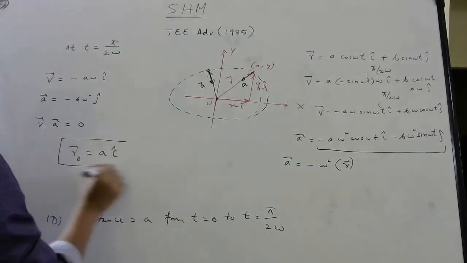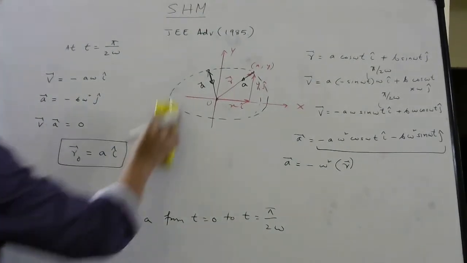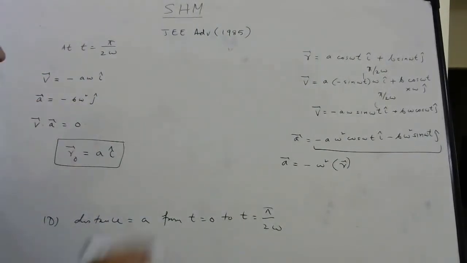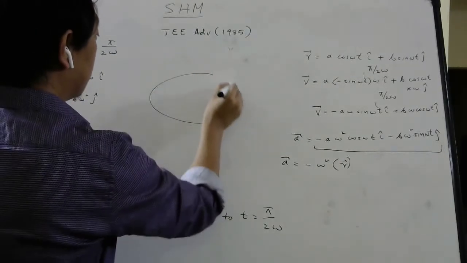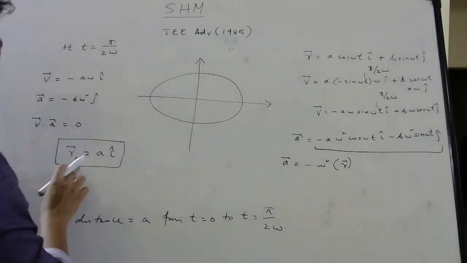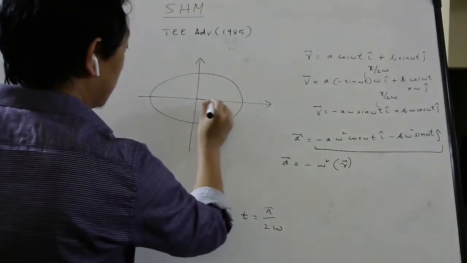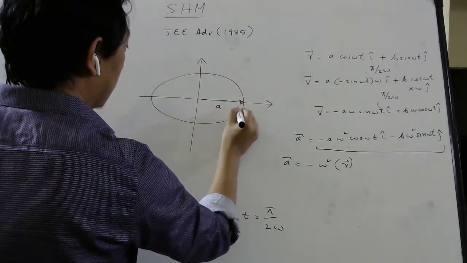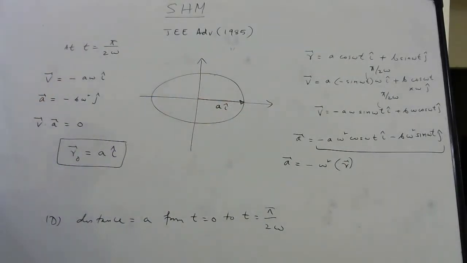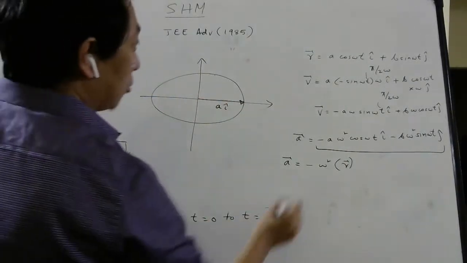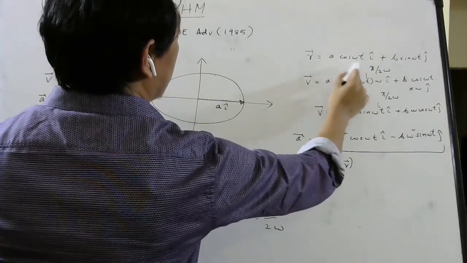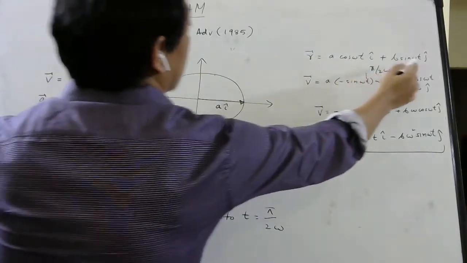So if I draw this vector, since we know the path is an ellipse, at time 0 the position vector is a i cap, along i cap. Then time t equal to pi by 2 omega. If you put pi by 2 omega here, omega omega cancel, cos pi by 2 is cos 90, which is 0. Here sin pi by 2 will be 1, so it will be b j cap.